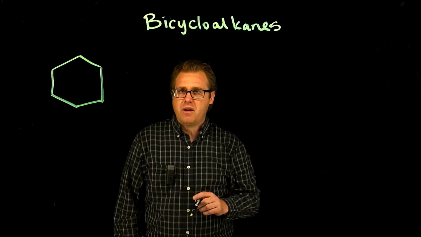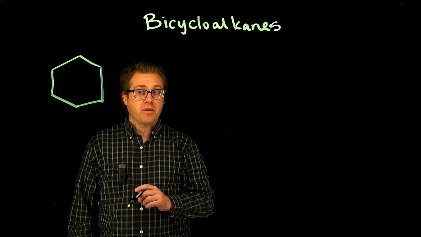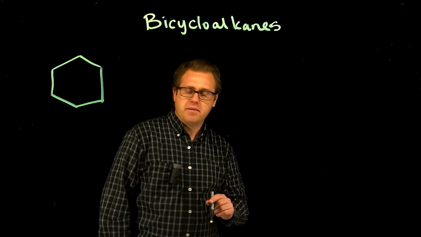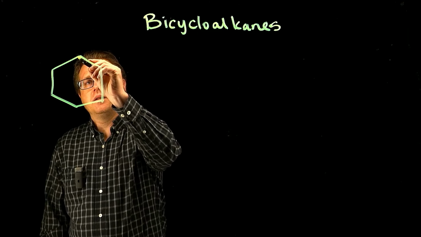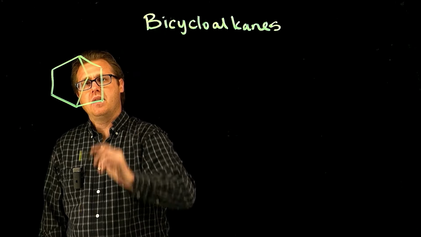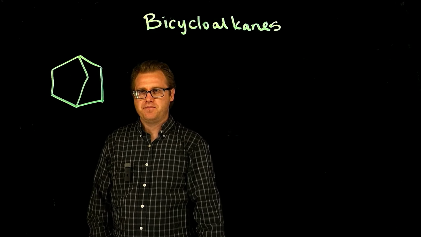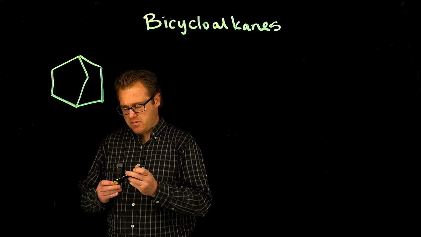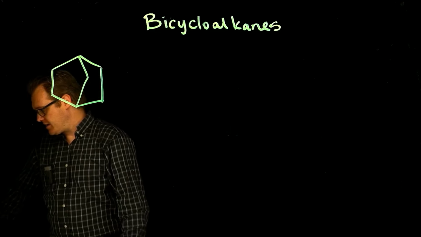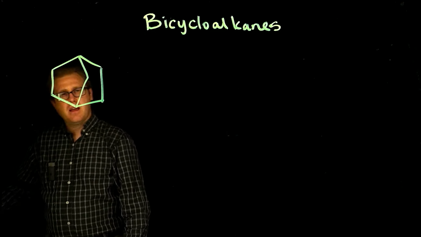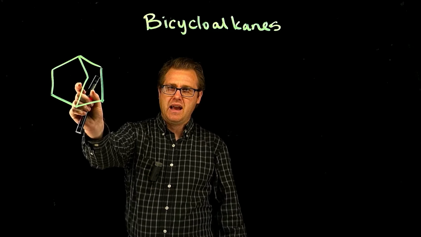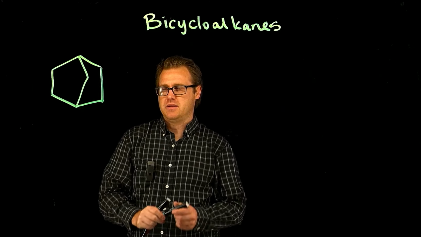But the moment that we stick another ring on it, let's say if I added that to it, that right there is called a bicyclo compound or a bicycloalkane. And the reason why is because now this molecule has two rings.